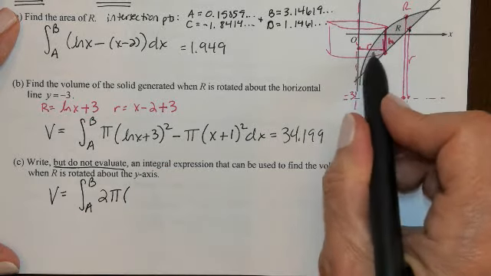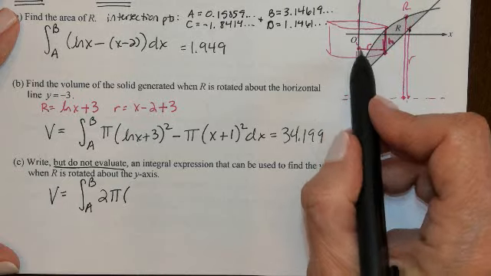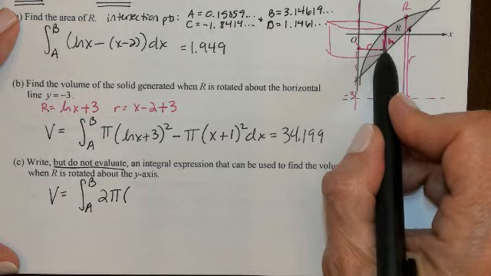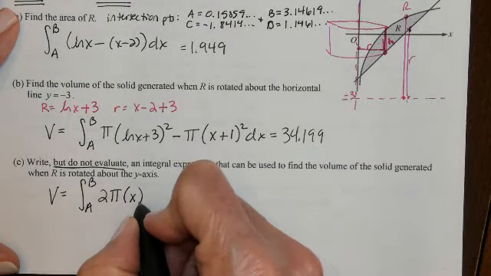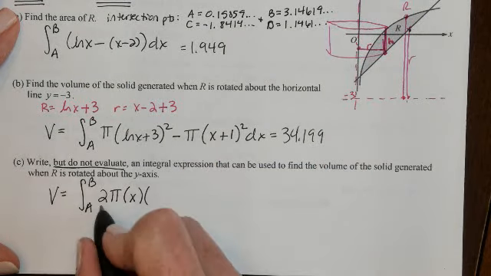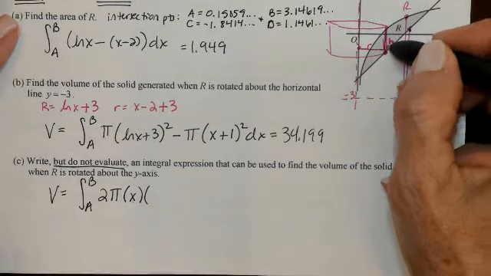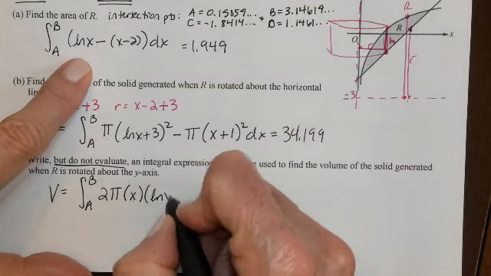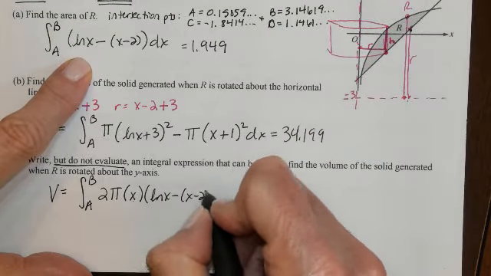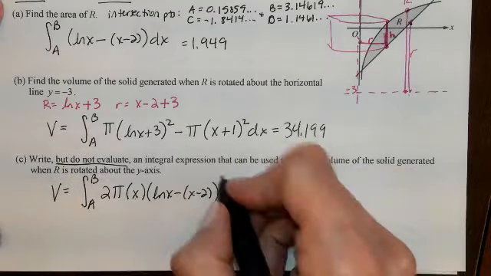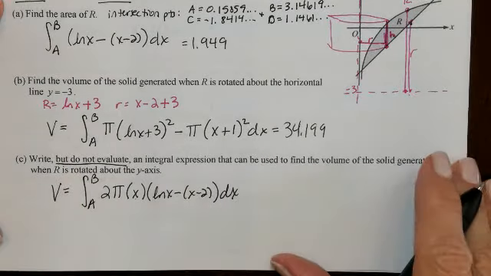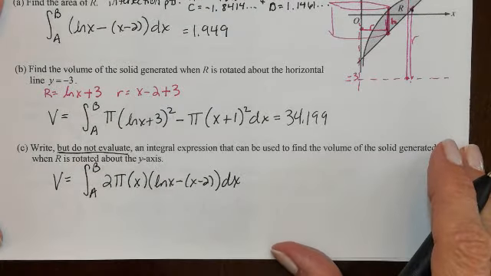In this case, R is just x, because x is always from the y-axis to your slice, and that's exactly what R is here. 2 pi RH. H is top minus bottom. That's our ln x minus the x minus 2 dx. And that's it.